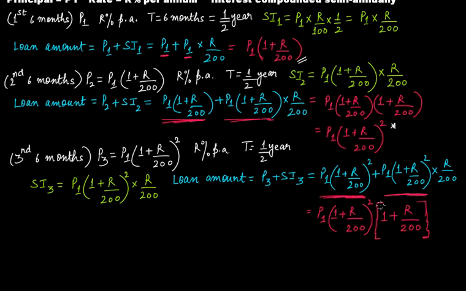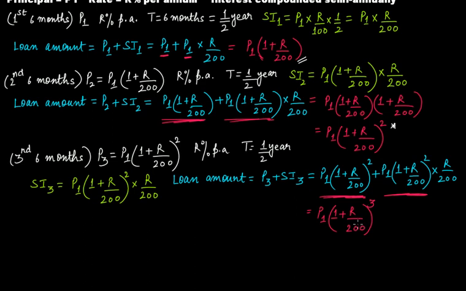So can we write it as cubed, right? Because (1 plus R by 200) squared multiplied by (1 plus R by 200) means that you'll add the exponents here. So this is the loan amount at the end of the third conversion period, or at the end of third period of 6 months.